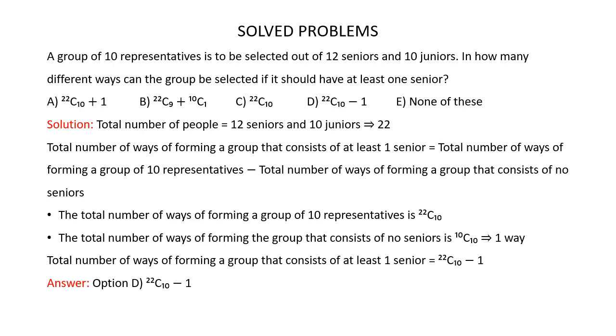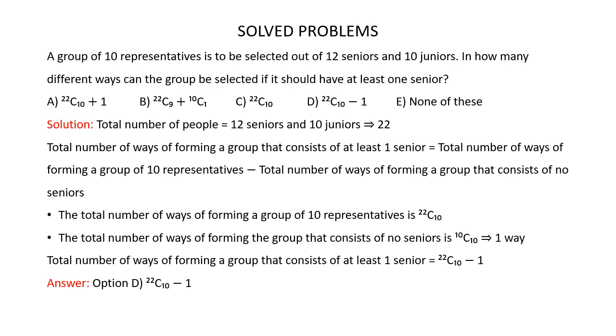Now here a group of 10 representatives has to be selected such that the group has at least one senior. At least one senior means a minimum of one senior. So the group of 10 representatives can have a minimum of one senior. Now since there are 12 seniors, the group of 10 representatives can have a maximum of 10 seniors.